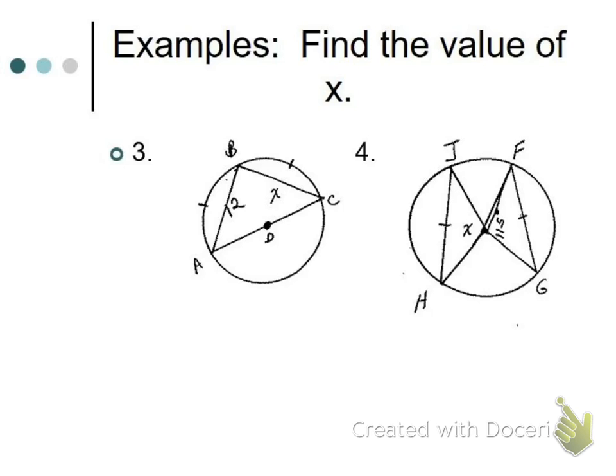So X is going to equal 12. We didn't even need that diameter that they drew in there. We know that these chords have to be congruent, so X is going to equal 12.